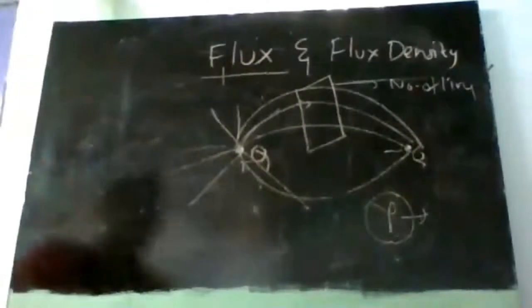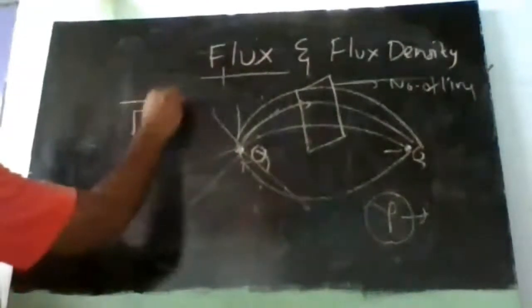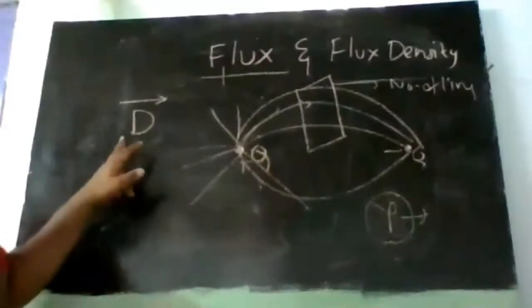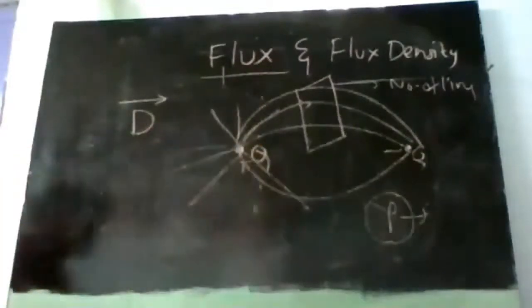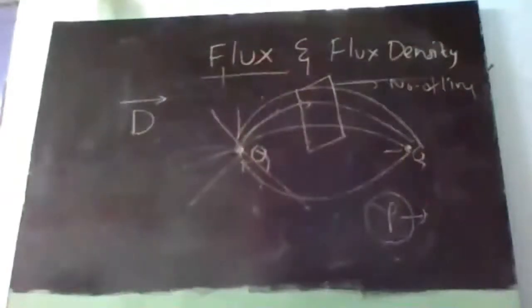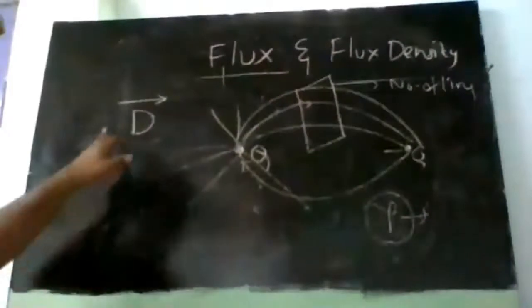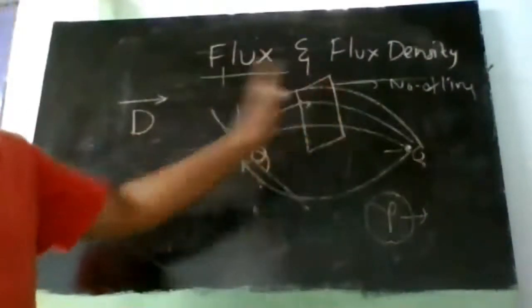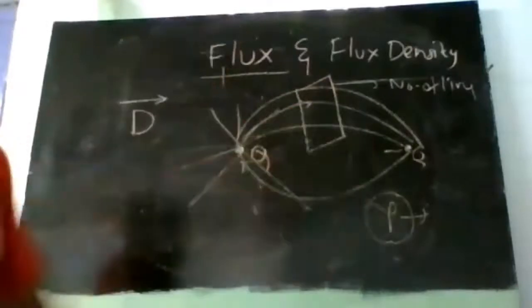Flux density, which is represented by D bar, is a vector. What this vector tells you is how many flux lines are passing through a surface in the normal direction to it.